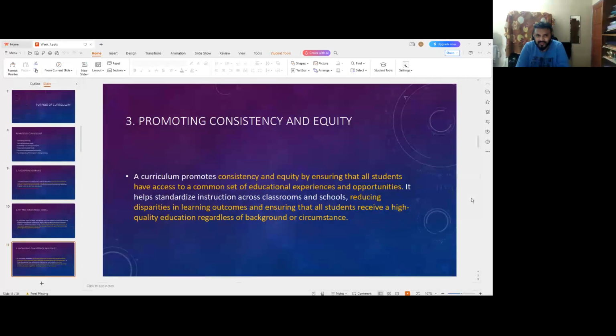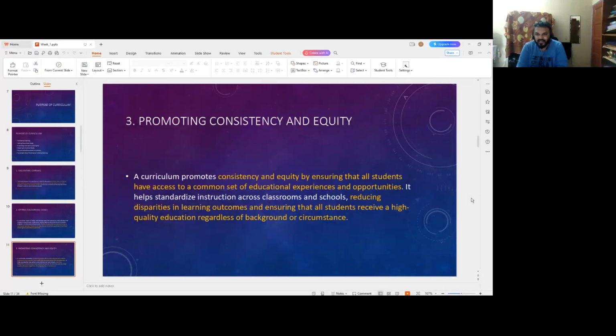Okay, then number three, promoting consistency and equity. Basically, a curriculum helps to promote consistency and equity to ensure all students have a common set of educational experiences. At the same time, this helps educators standardize the instruction in classrooms or schools.